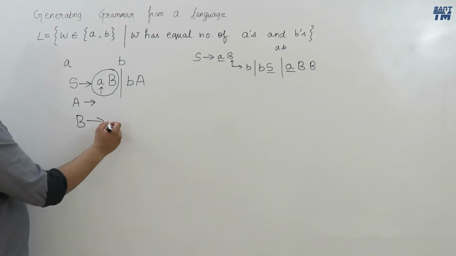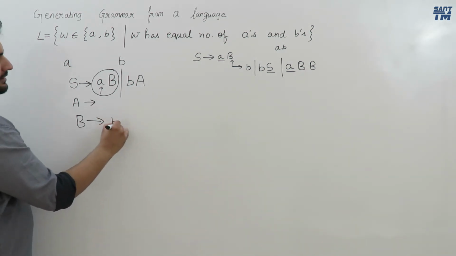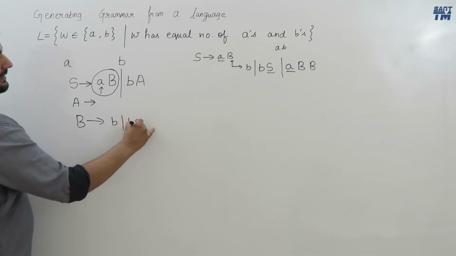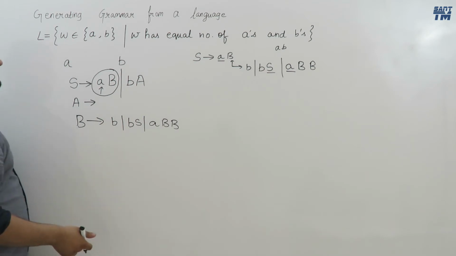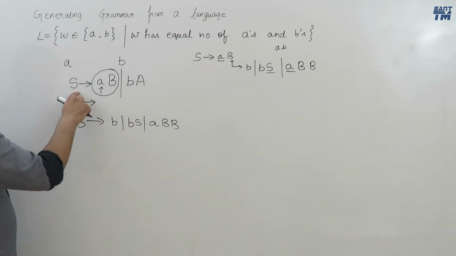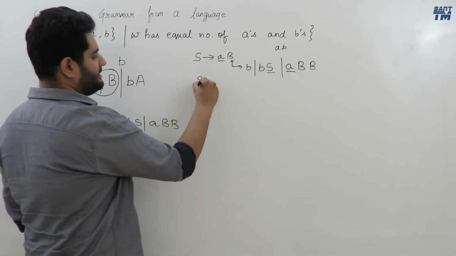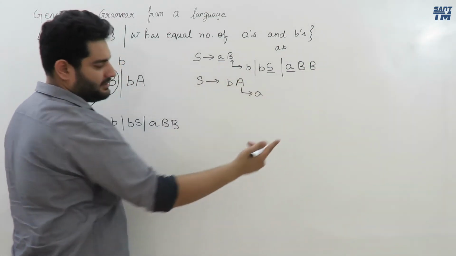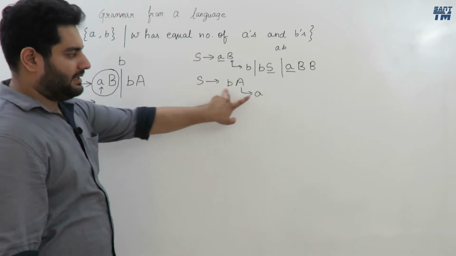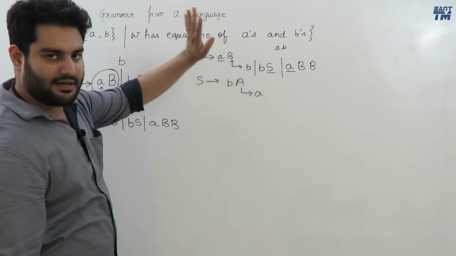So for B we can have productions like B, BS, ABB, and for A, suppose you have to start your string from this, S derives BA. Then this A can be substituted with a terminal A, then your string will be BA, 1 A, 1 B, property satisfied.